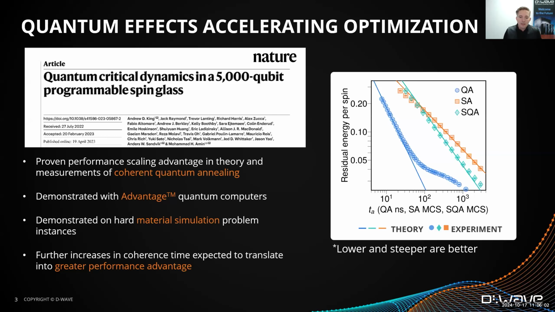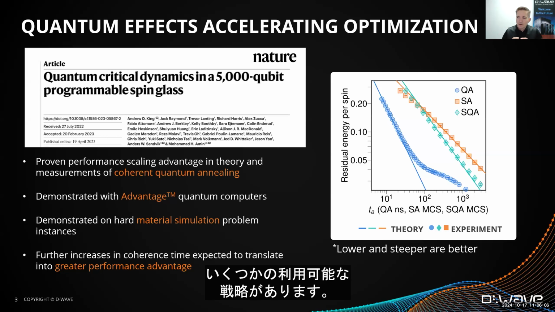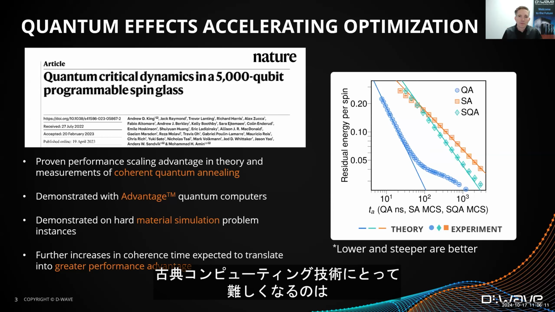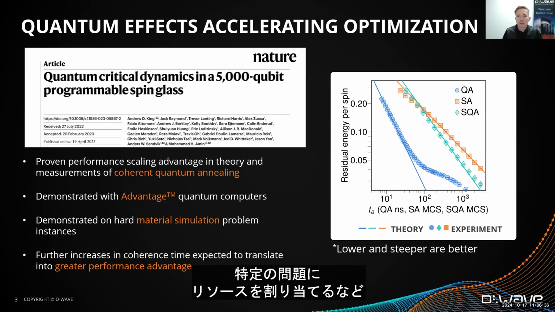So if you're in the space of industrial optimization solving, there are a few strategies available to you. And where things get difficult for a classical computing technology is when you're not just optimizing flows of things like level settings, like, how much am I going to turn the power up on this electricity transmission line, but rather you're trying to take into account effects, much like I was saying with taking a card out of your hand and putting it back in, assigning a resource to a particular problem.